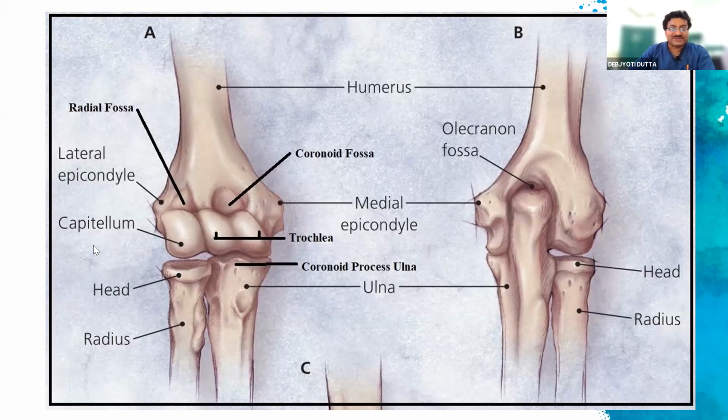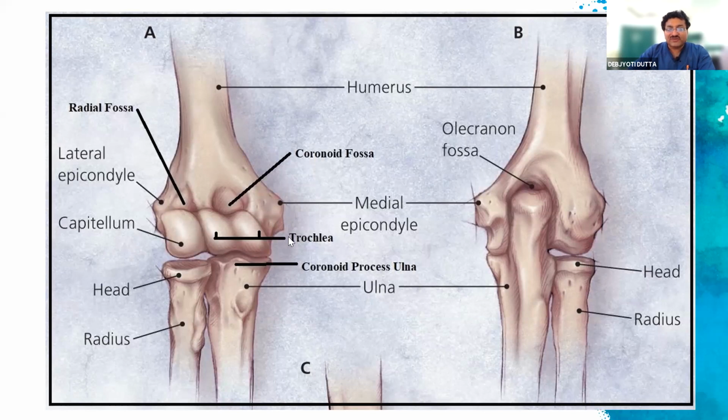So what is this? This is the medial epicondyle, this is the lateral epicondyle. From here, the common extensor muscles take origin, and that can give rise to lateral epicondylitis when there is inflammation in this common extensor tendon.